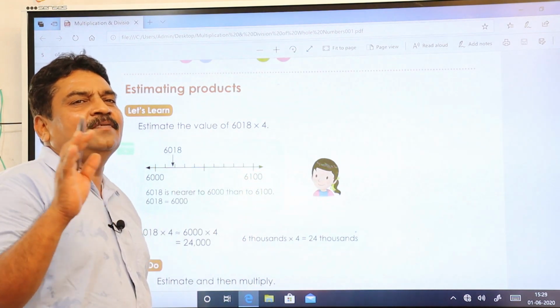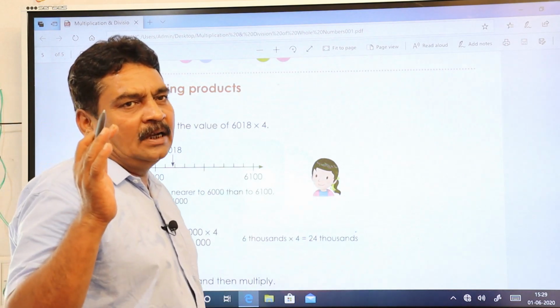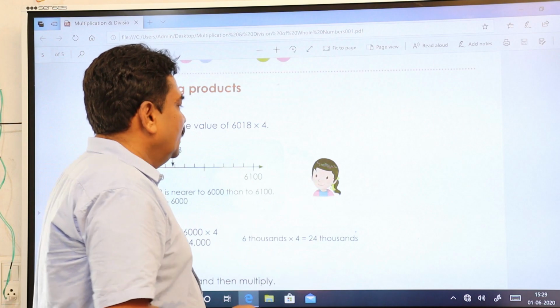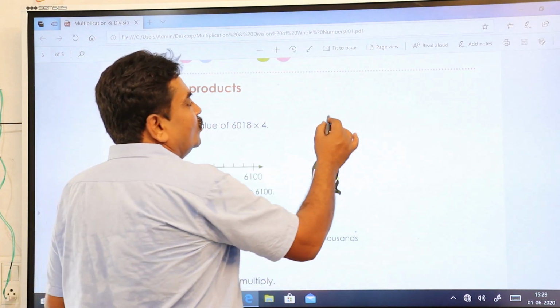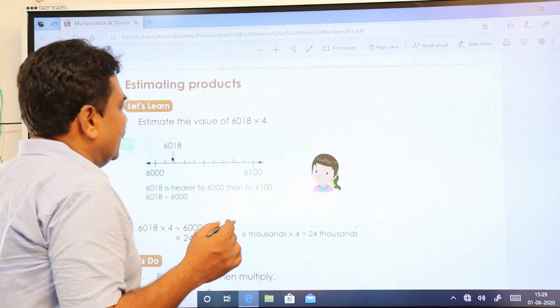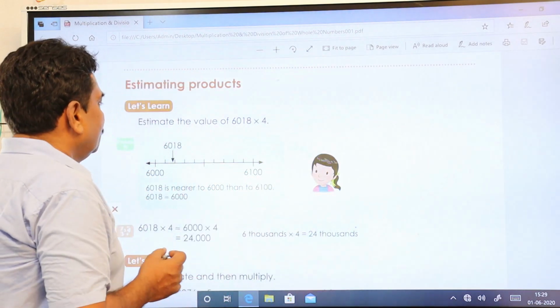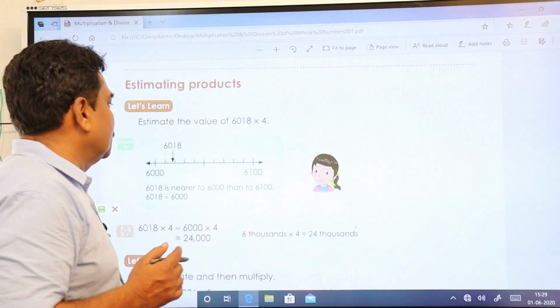So here, estimation means a round value. Instead of 46, 47, let us assume 50. Estimation is what you call approximately. Let us see this; this is something important that you have to understand first.